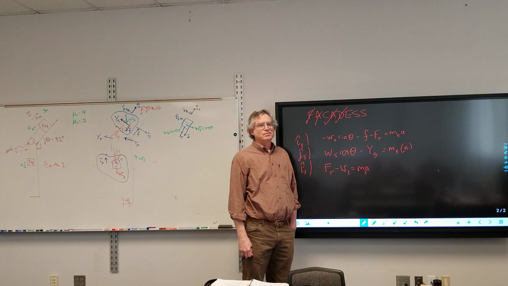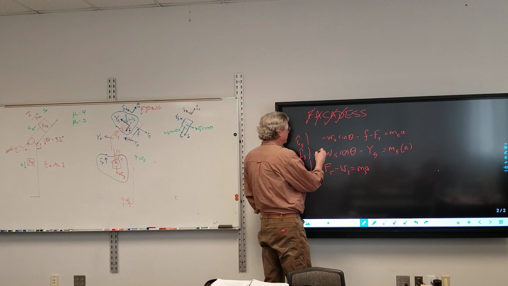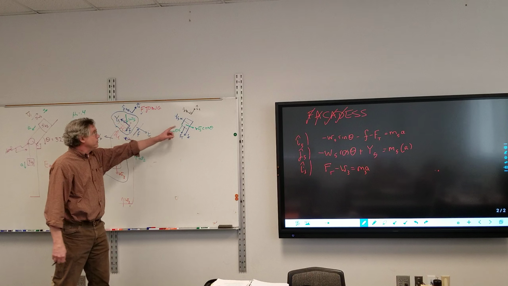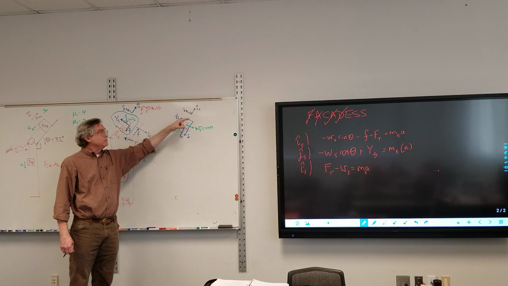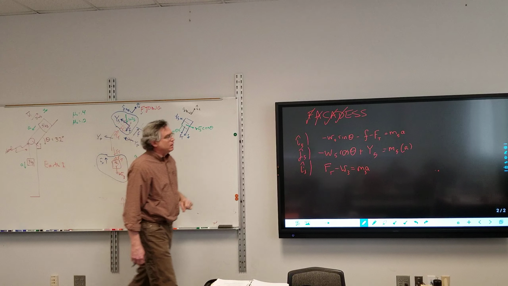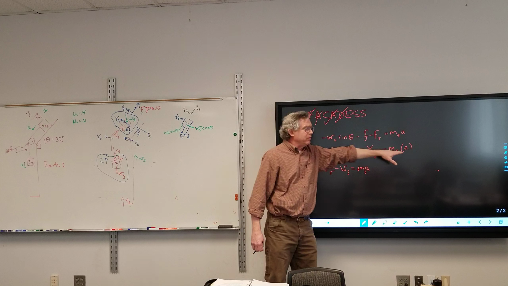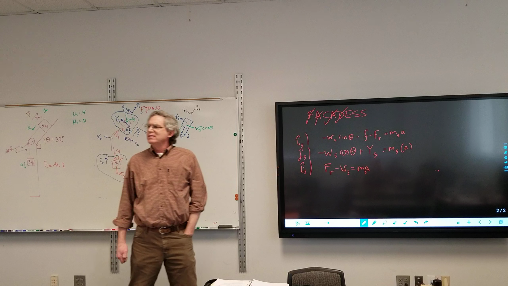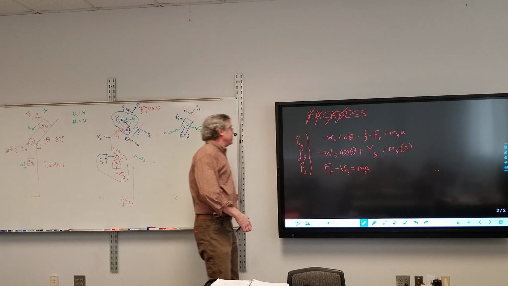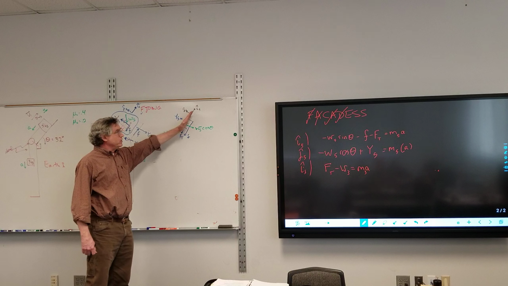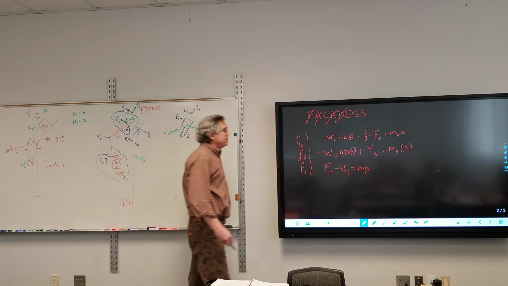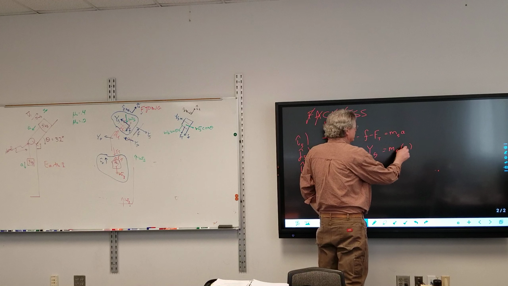Negative weight 5 cosine and plus. That's the other one. Plus. The way that we have the convention set up is that that's the positive direction. All right. So we have that side, but now the right-hand side. Is acceleration supposed to be 0? Yes. Because we have it set up so that acceleration is in the I hat direction, so therefore it can't go into the ground. So 0.